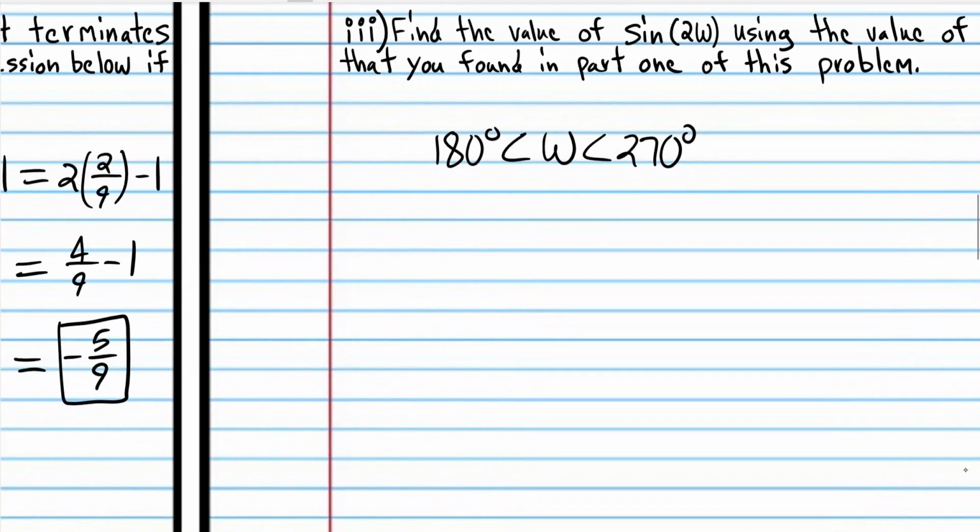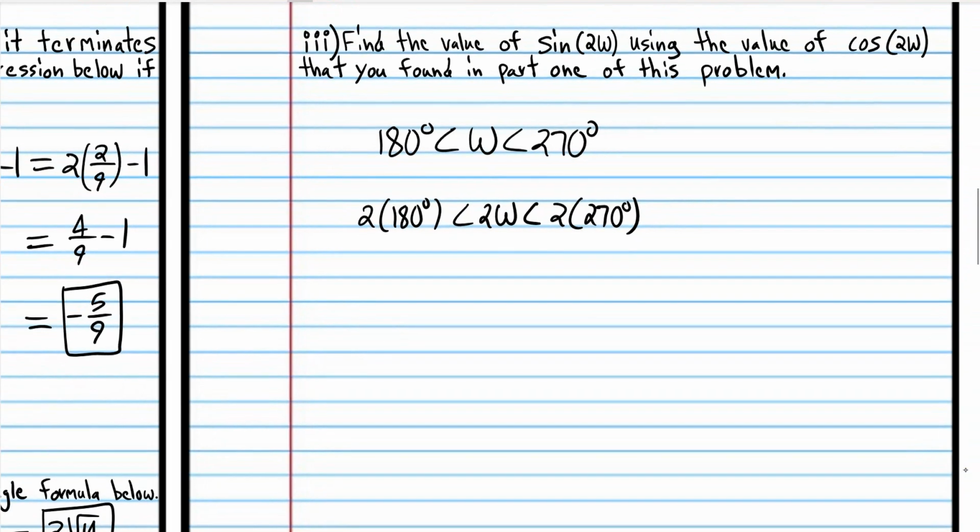So we want to know where 2 times omega is going to be. That's going to be helpful to know. So it's going to be between 360 and 540 degrees.